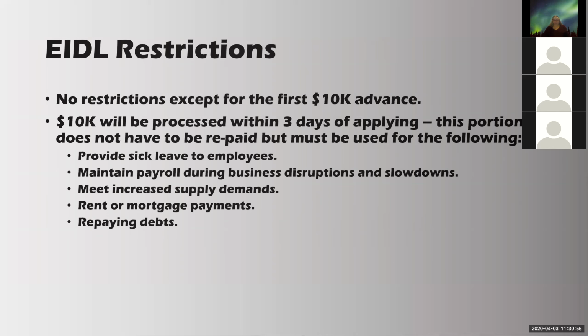I don't know why I have exception there. I should have gone through these again. The 10K will be processed within 3 days of applying. However, I'm on a lot of tax boards and a lot of accounting boards. So far, none of these loans have been processed, and I know that people have applied for them more than 3 days ago.